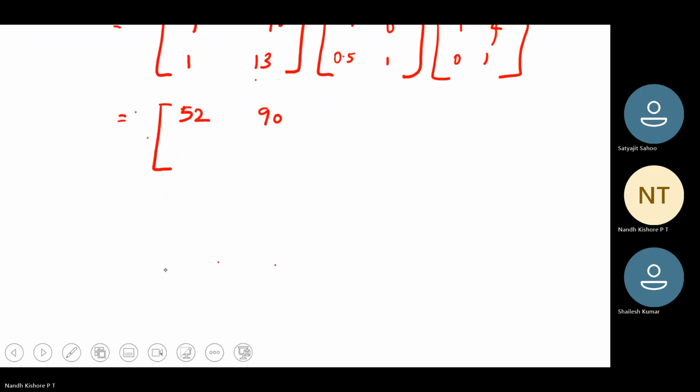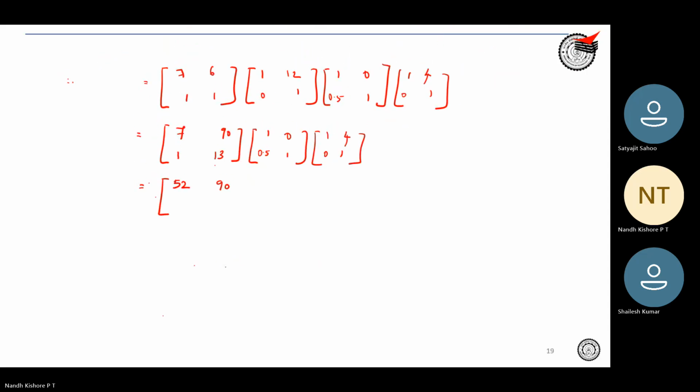So let's use 7.5 and 13. So this gives you 52. 52 into 4 plus 9. How much? 298.